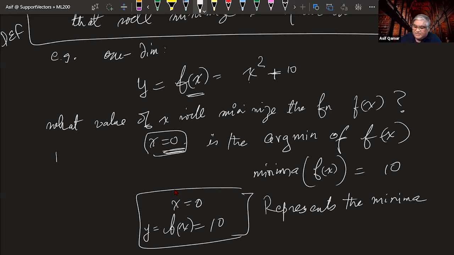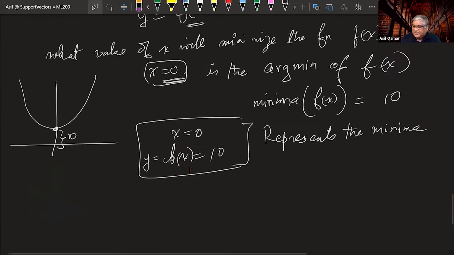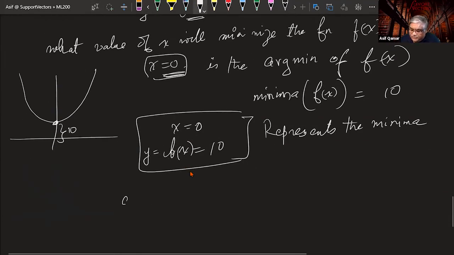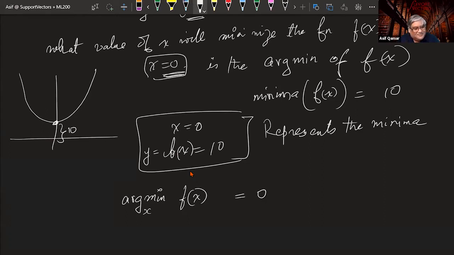If you plot it out, it will look like this, and this will be 10. So the point x equal to 0 represents your arg min, the point at which this curve achieves its minimum. The way you would say that, using this notation, is arg min over x of f(x) is equal to 0. In other words, the value of x that minimizes the function is 0.